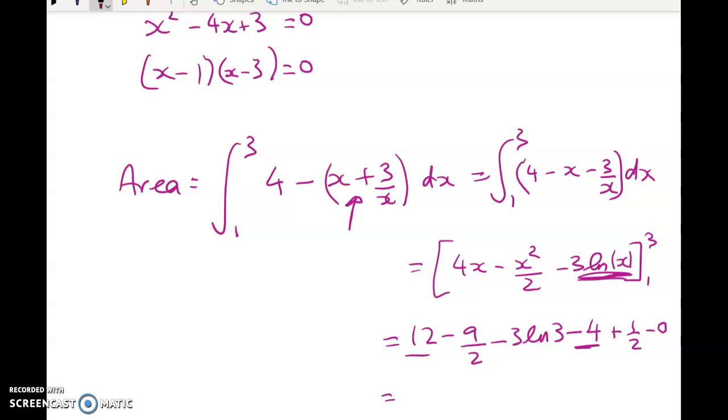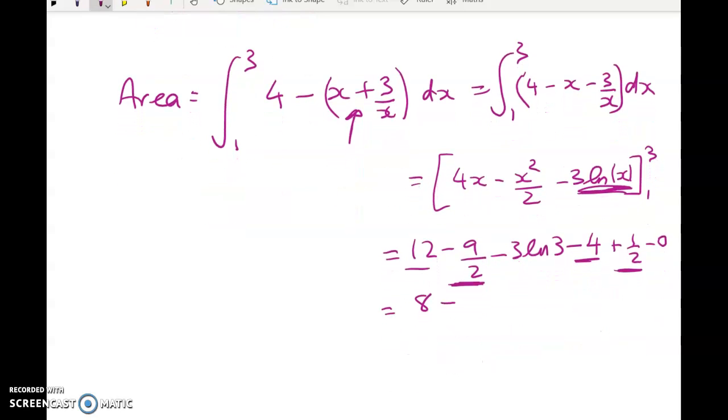So that gives me, and I know some of you are going to put it in your calculator like that, but don't, just clean it up first. So we get 8 minus 9/2 plus 1/2, so that's minus 8/2, so it's 8 minus 4 minus the natural log of 27.